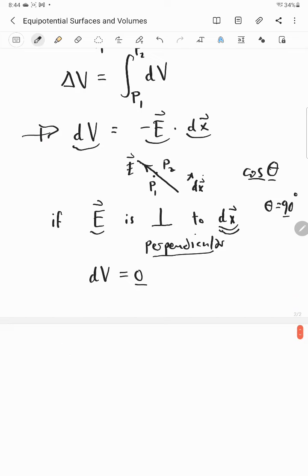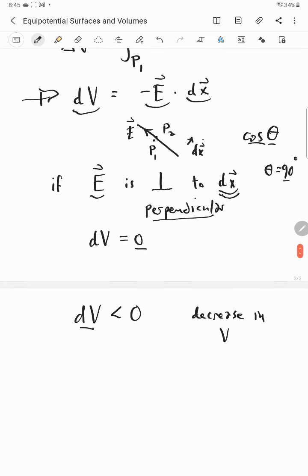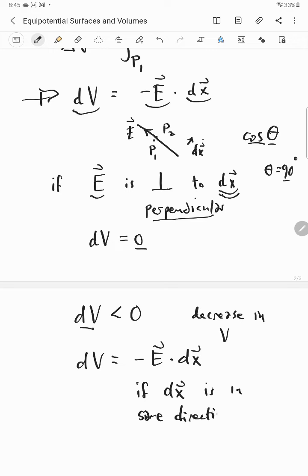So notice that dV will be negative. That is, there is a decrease in potential, right? This represents a decrease in the potential value. When, remember, dV is minus E dot dx. So if dx is in the same direction as E, minus E dot dx will be negative.